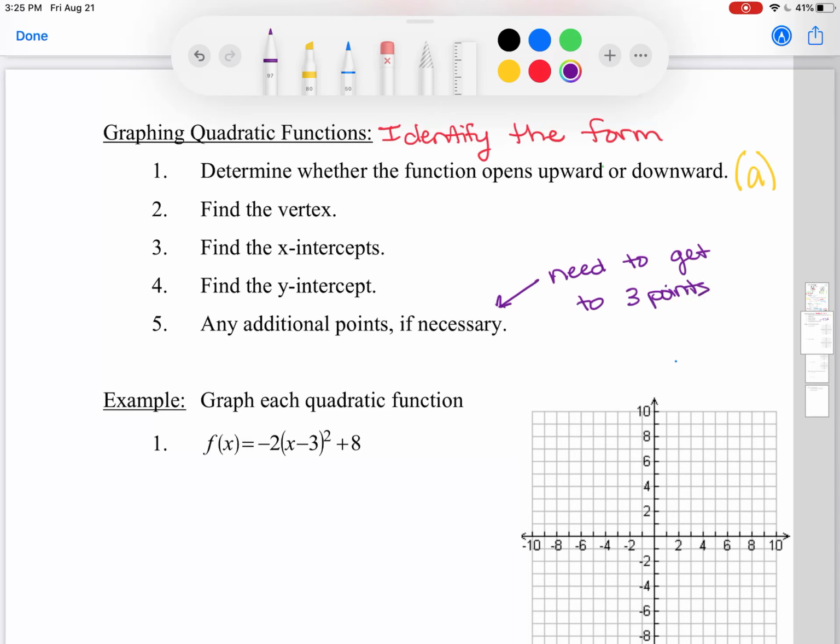So what I mean by that is when we do all 5 of these steps, if we just have the vertex and the x-intercepts don't give us a point, or the y-intercept doesn't give us a point, we want to have at least 3 points on our graph so that we can connect the dots and make our U shape. If we don't have those 3 points, then our U shape isn't going to be as precise, and we won't necessarily know where the next coordinates are that can create our graph. But we'll see if we need them in the examples to come.